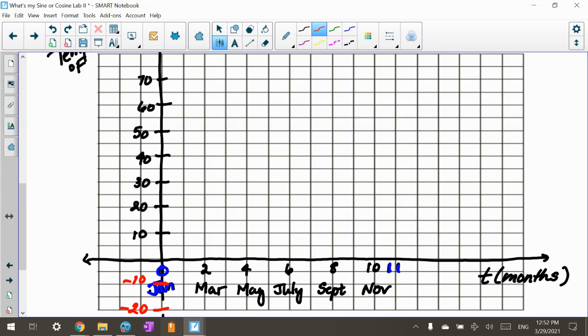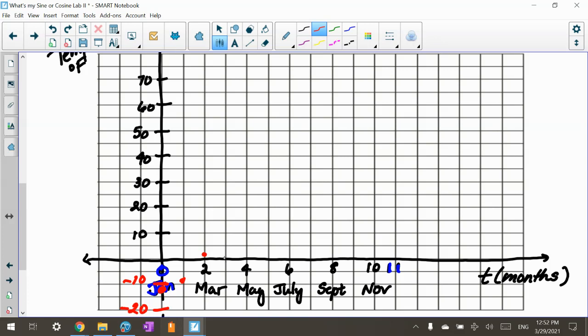So if I graph negative 11.5, it's about right here on the January that I wrote. Then the number 1 is negative 9.5, so that's about right here. 2 is 0.5, so that's about right here.